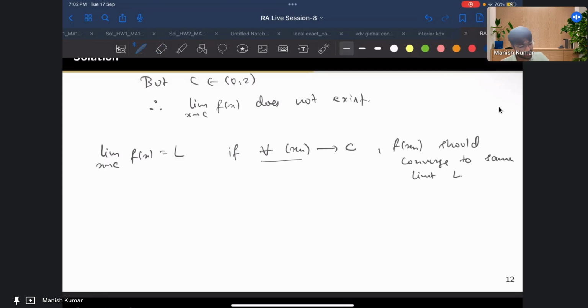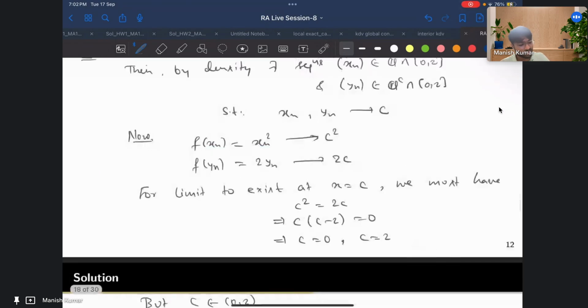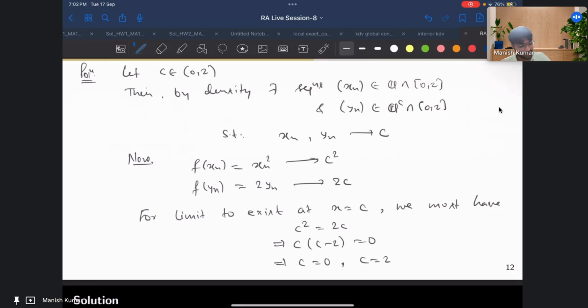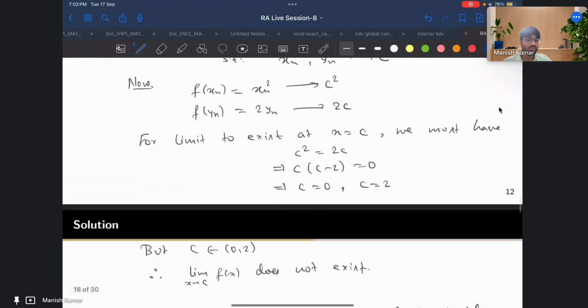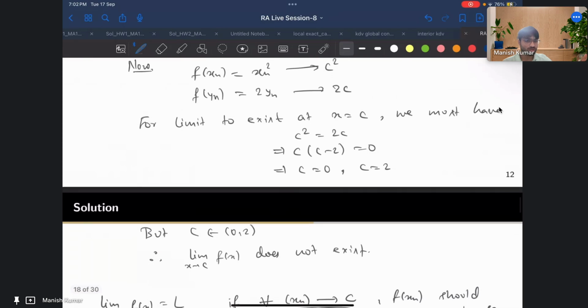Now here this is for all sequences, but we are choosing two particular kinds of sequences, xn and yn, where one is a sequence of rationals and the other of irrationals. These are two particular choices we are making, so from here we cannot conclude that c equal to 0 or c equal to 2 is a continuity point. But what we can say is that if c is not 0 and not 2, then obviously this is a point of discontinuity.